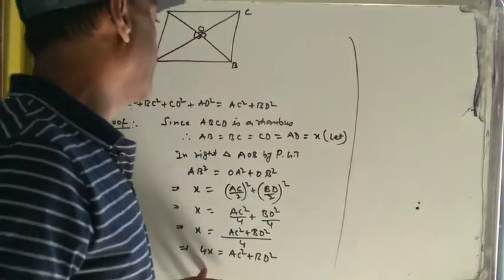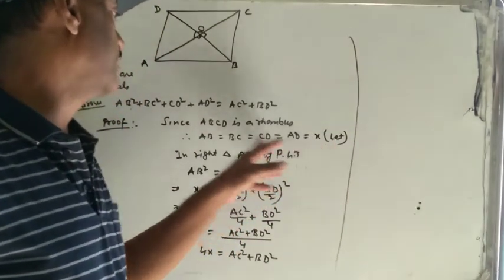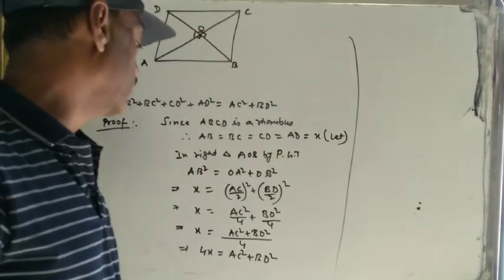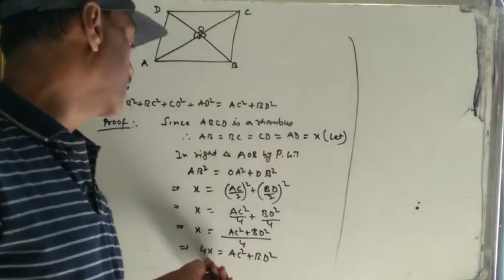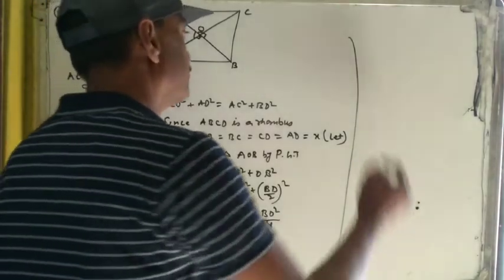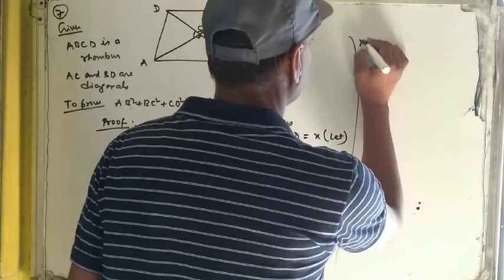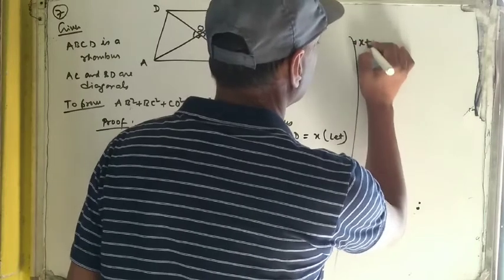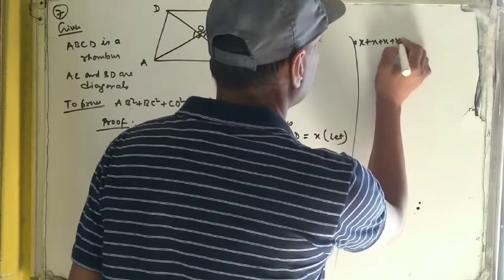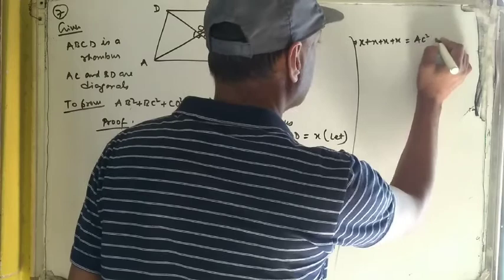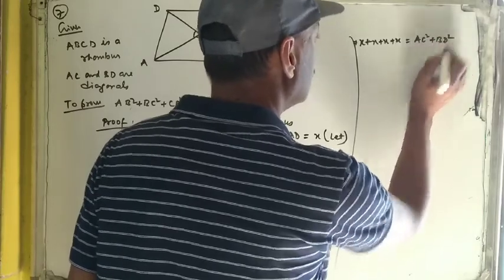You also know that x is equal to AB, BC, CD, AD. So at the place of 4x square, we can also write x square plus x square plus x square plus x square equal to AC square plus BD square.